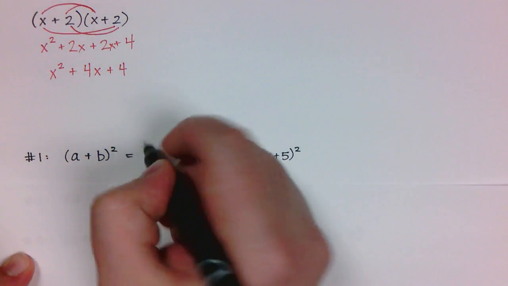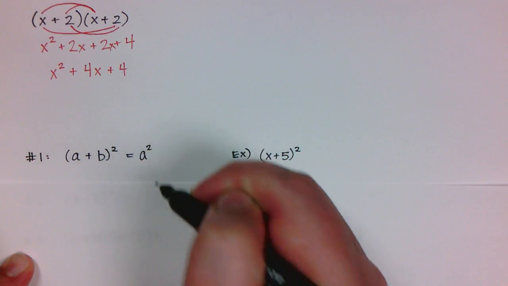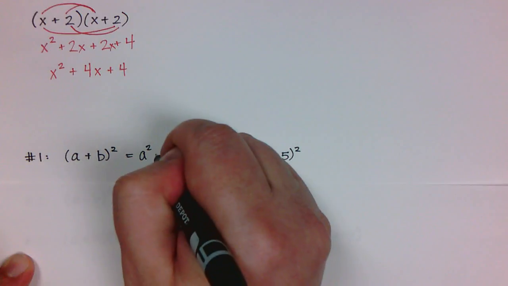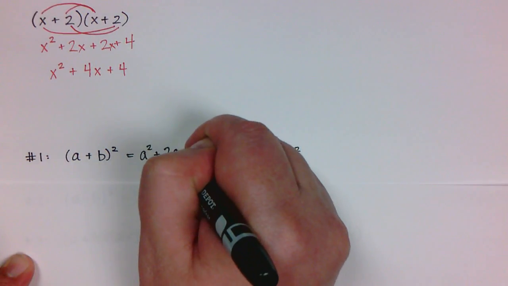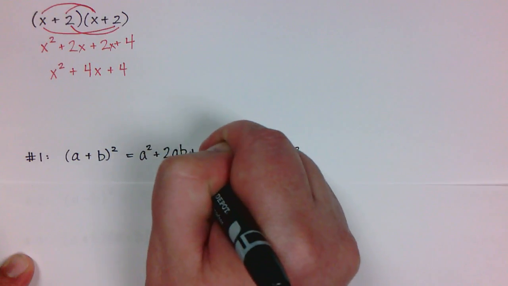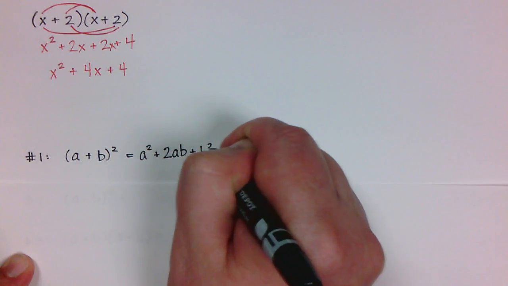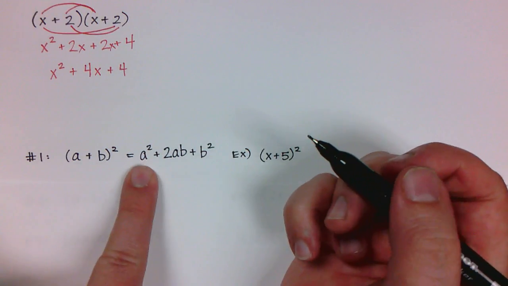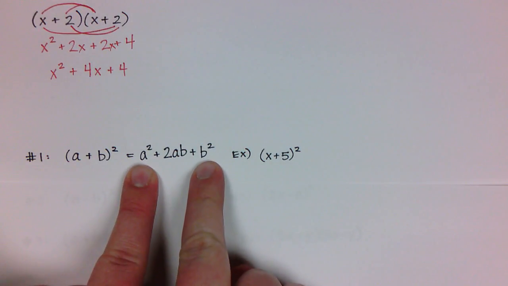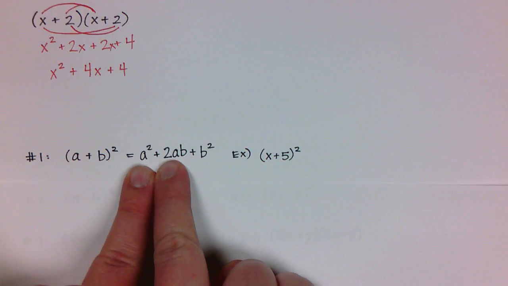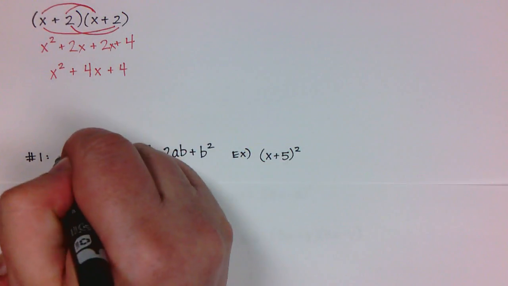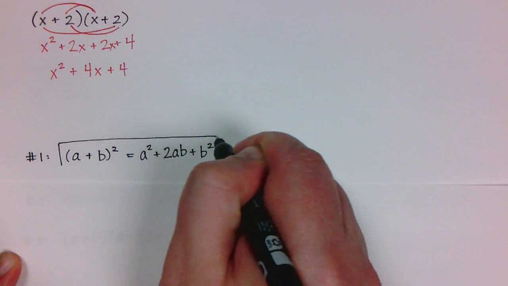So the rule is a squared, so whatever that first term is, squared, plus 2 times a times b plus b squared. So I have the first term that's being squared, the last term that's being squared, and in the middle I multiply both of them and I multiply them by 2. So this is rule number 1. It's really, really easy.